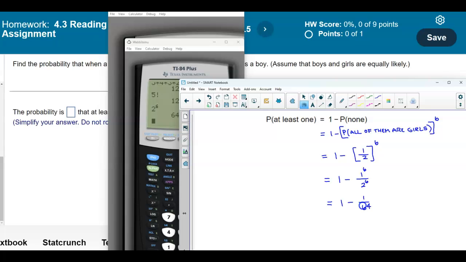Okay, so now they want us to put this in fraction form. So remember that 1 is the same thing as 64 over 64. So that's 64 over 64 minus 1 over 64, which is then equal to 63 over 64.